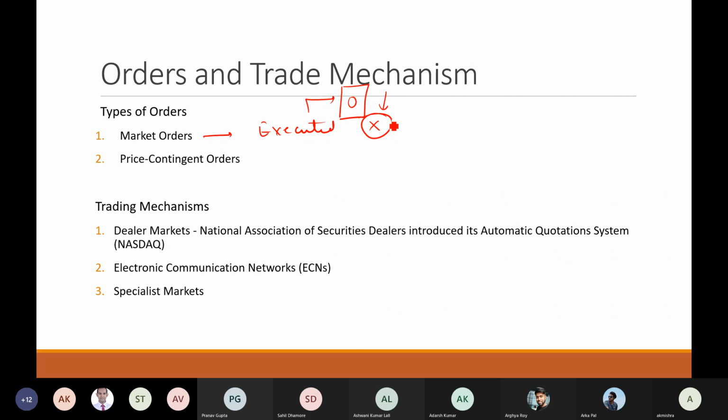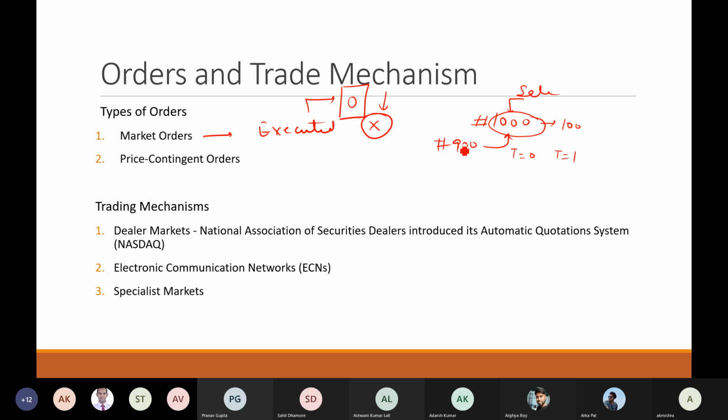For example, let's say at any point of time 100 stocks were available for sale, and a market order comes to buy, let's say, 900 stocks. If this is T equals 0, and then T equals 1, when this order comes, immediately all 900 are going to be adjusted. So next moment, only 100 sell quantity will be available.